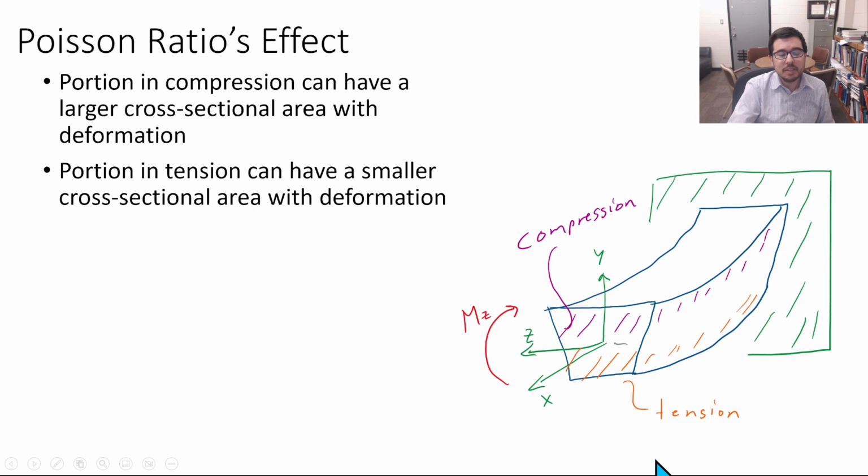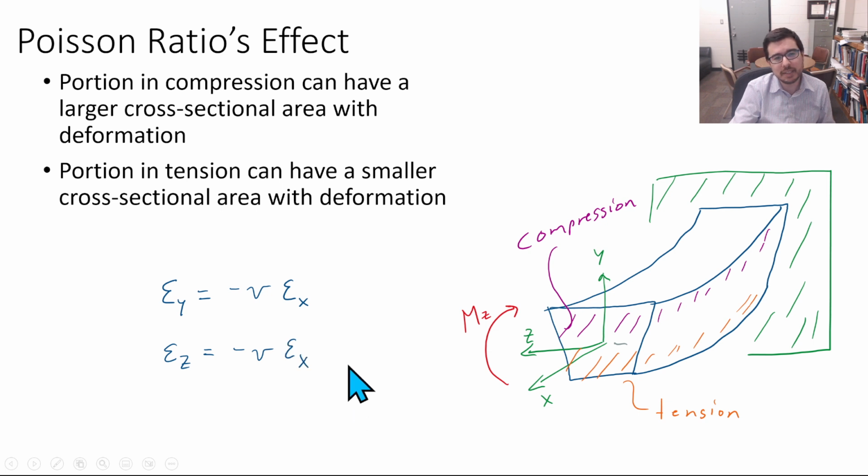If we know what the strain is up here in the x direction, we can describe what the strains will be in orthogonal directions, in the y direction and also in the z direction.